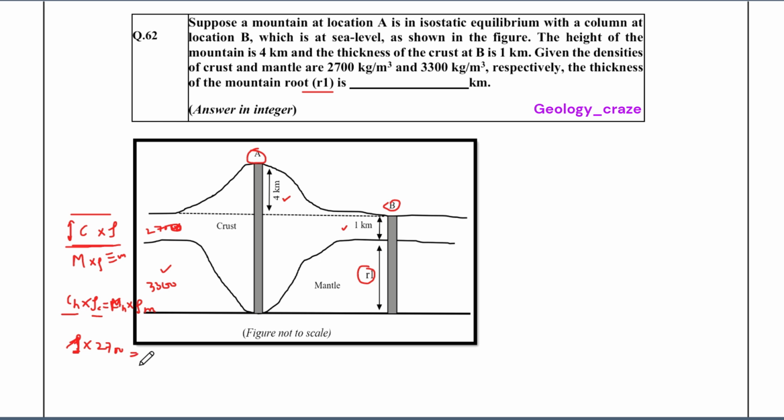And we don't have any root here in this case because additional material is not here, so we are not having any root. So our root in mantle is 0 and density is 3300. So in the end we will get 0 in this case because there is no root zone in this case.